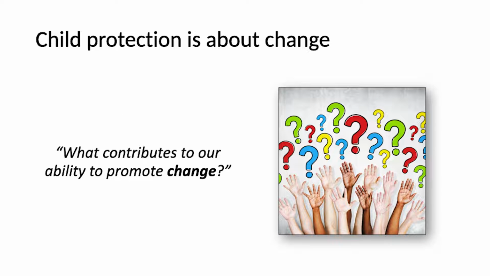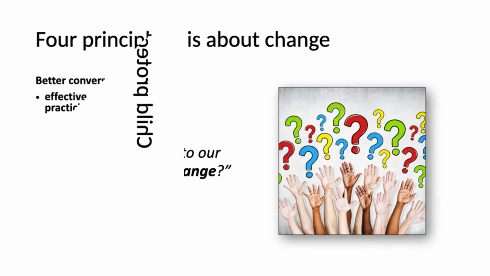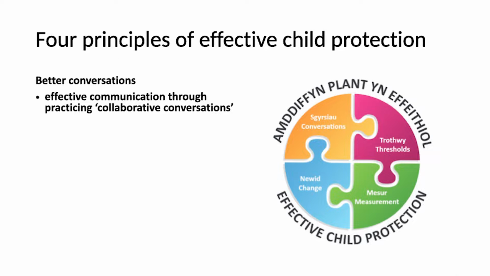If effective child protection is successful change, what contributes to our ability to promote change? Effective child protection is a practice framework focused on change. It brings together 4 components that contribute to ensuring change.